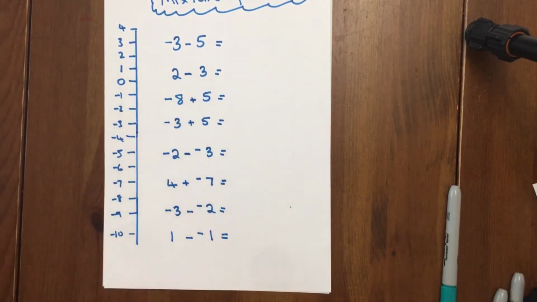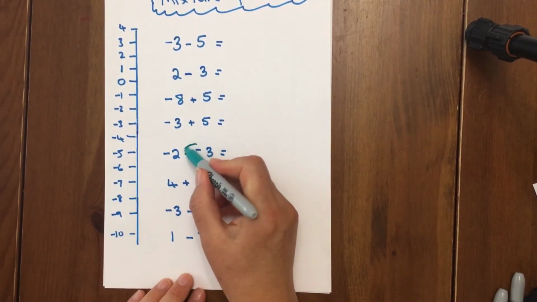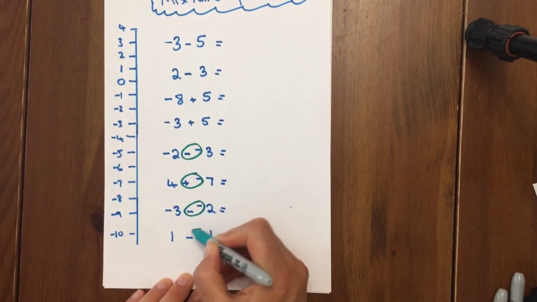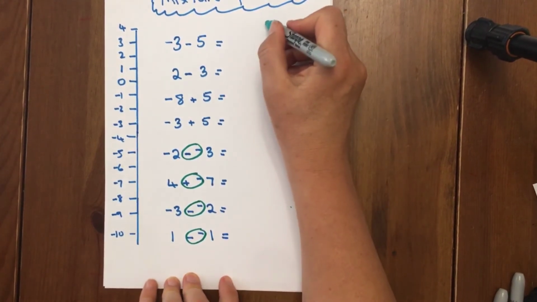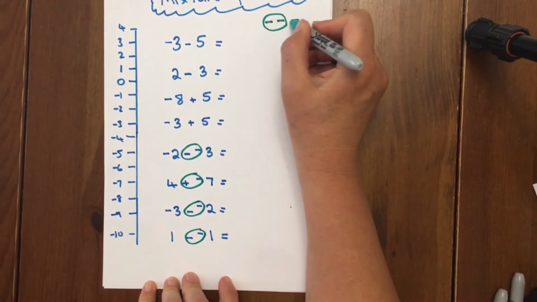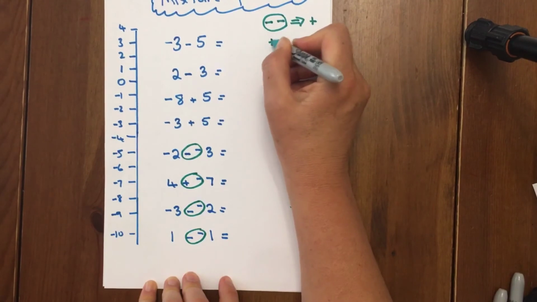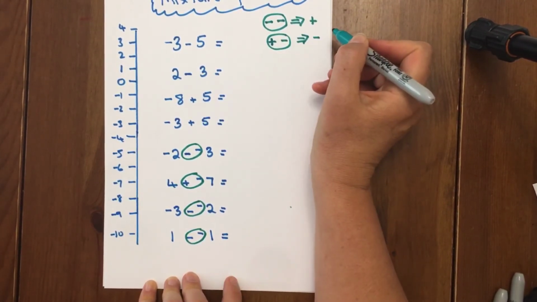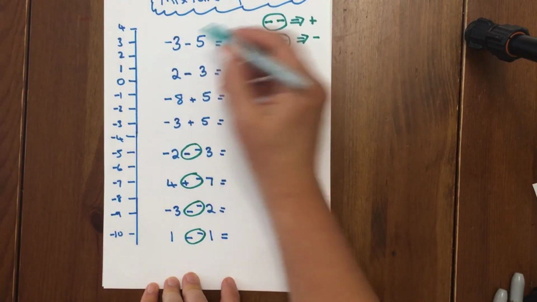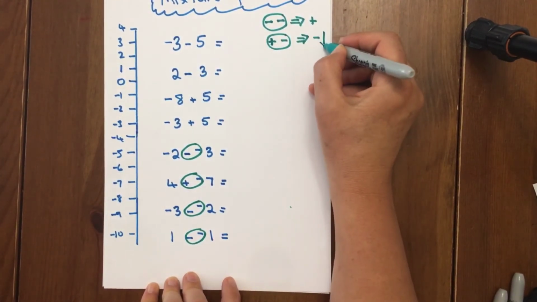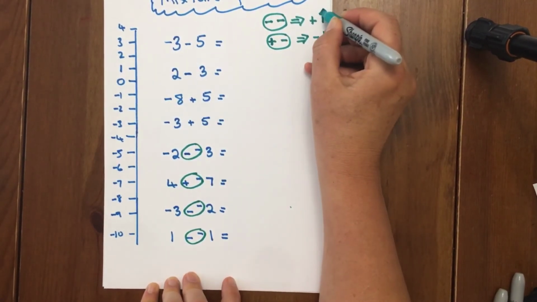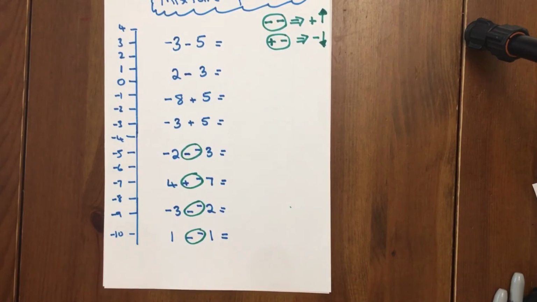For these, you need to circle the signs that are together and, using your rules, remember a minus and a minus change to positive, a plus and a minus will change to negative. And remember, negative in the middle, you go down the number line, positive in the middle, you go up the number line. Okay, pause now and I'll go through the answers.